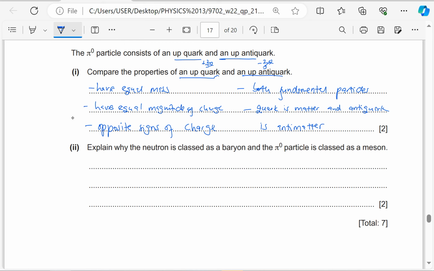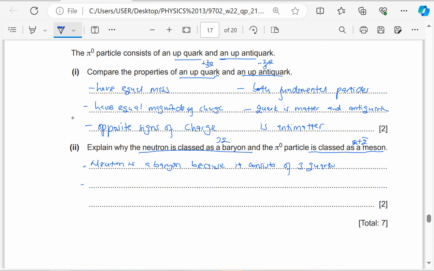Explain why the neutron is classed a baryon. Of course, it is made up of 3 quarks. The pi 0 particle is classed as a meson because it is made up of a quark plus an antiquark. Okay, so neutron is a baryon because it consists of 3 quarks.